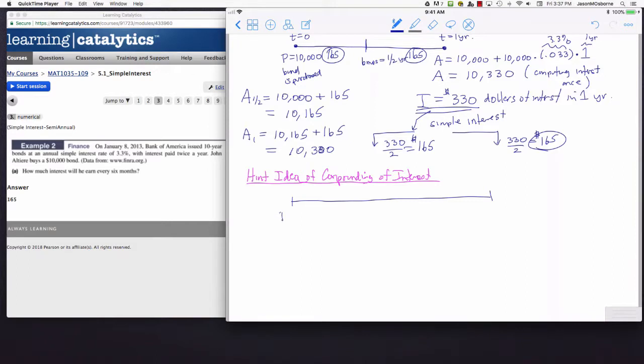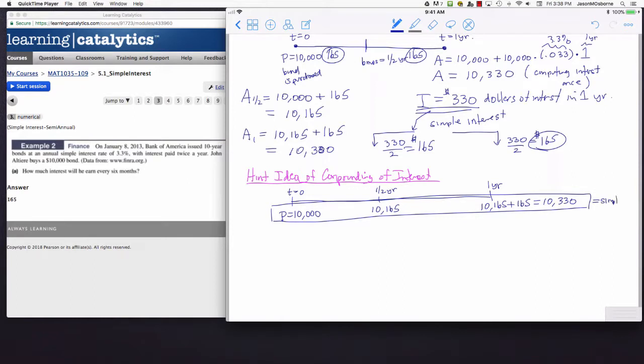You had $10,000, and with simple interest, after half of the year you were going to have $10,165, and then after a full year, you were going to have $10,165 plus $165 again to give $10,330. The blue values here are the simple interest idea.